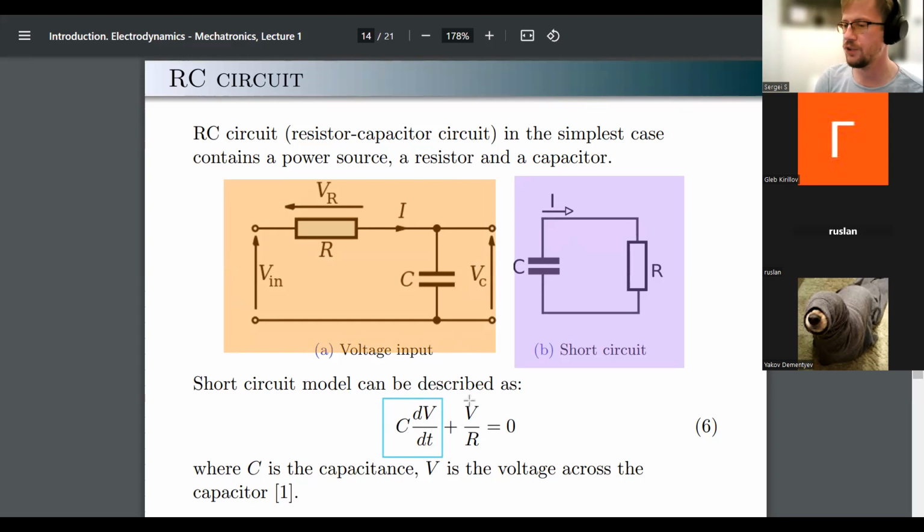So this has to do with the capacitor. Plus the voltage divided by resistance. This has to do with the resistor. Their sum is equal to 0.